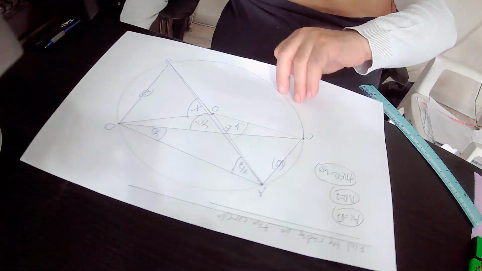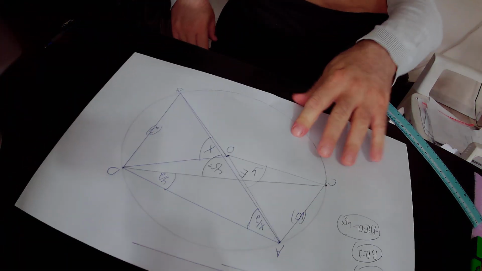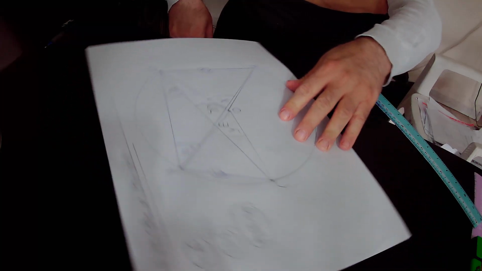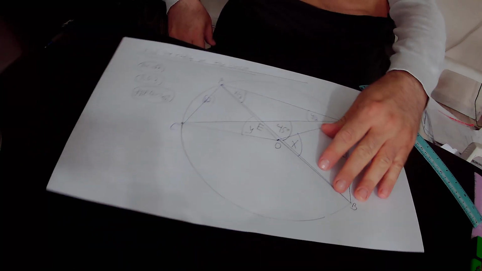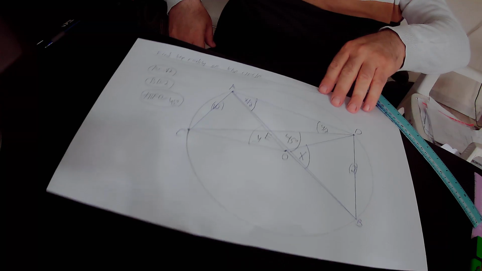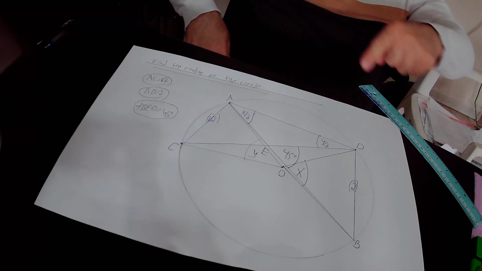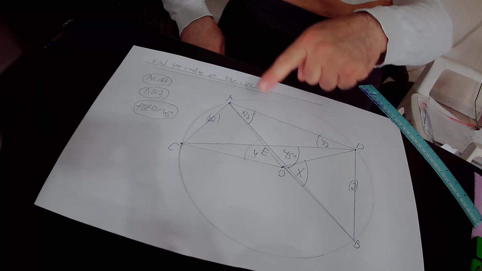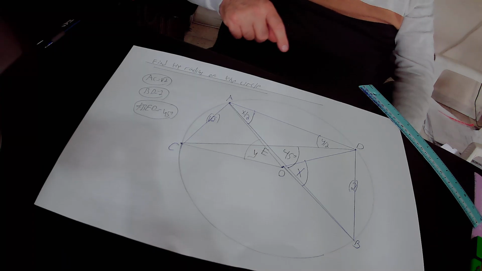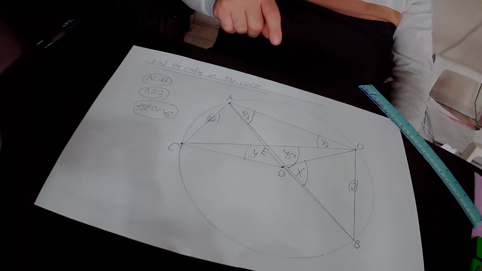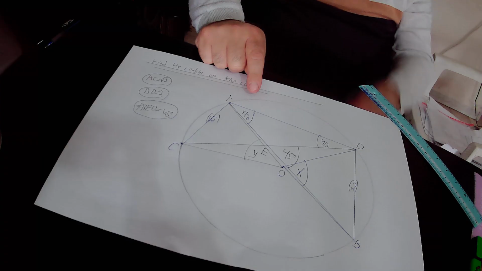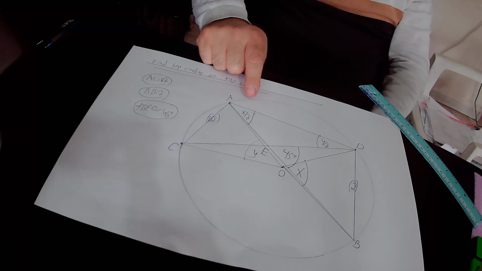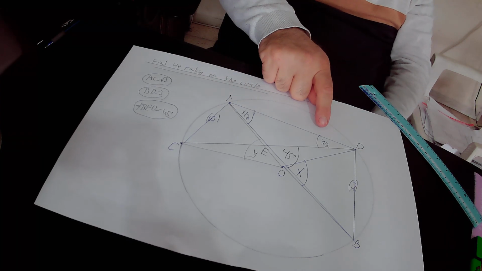Why? Because in our drawing we have triangle DEA. Inside triangle DEA, we have two interior angles that are x over 2 and y over 2.